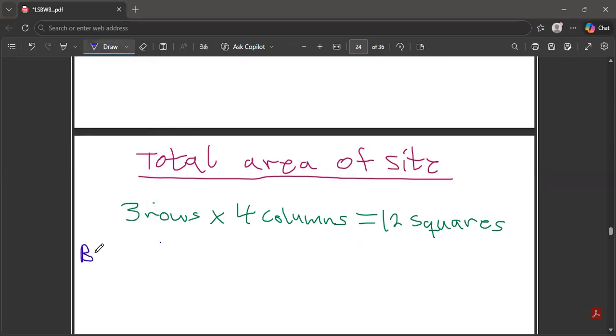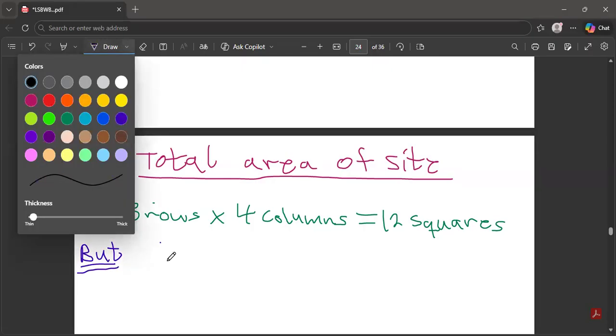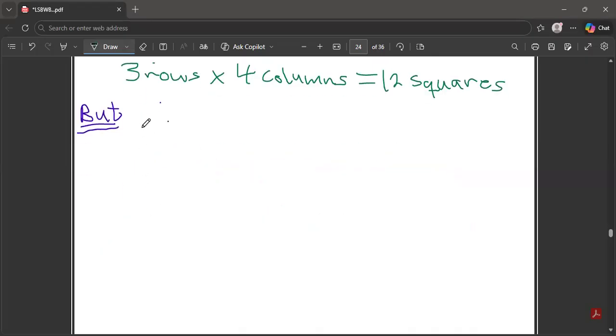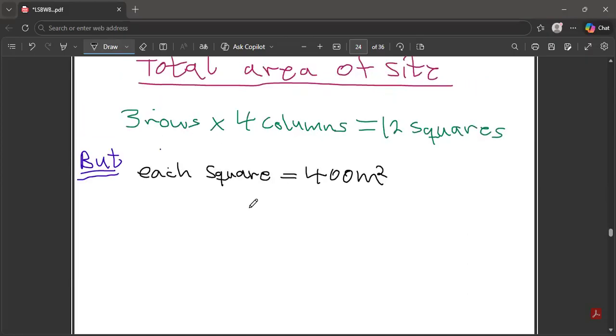Each square is equal to 400 meters squared. So the total area is going to be 12 times 400 meters squared.